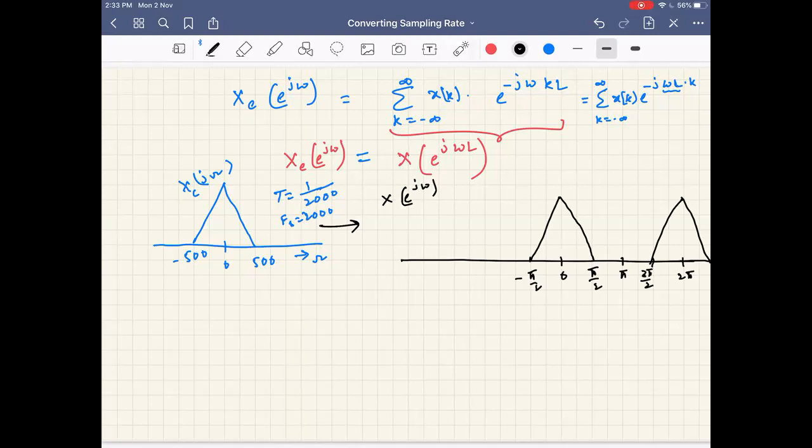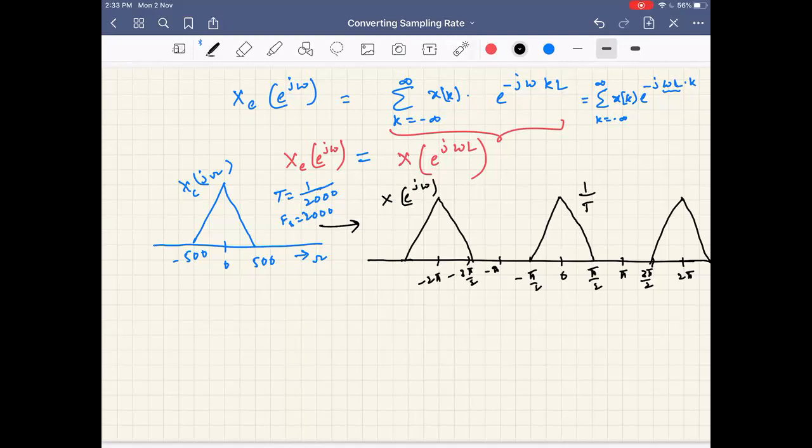Similarly on this side, this is minus pi, and then this is minus 3 pi by 2, and this is minus 2 pi, and hence this spectrum repeats at minus 3 pi by 2 and minus 2 pi. And this is X of e power j omega. You can see this from the earlier discussions, and 1 by T is its height.